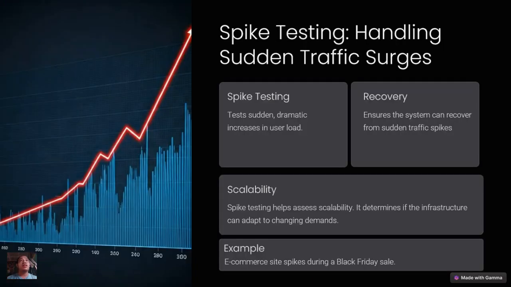Next is spike test. So spike test is a sudden dramatic increase in user load. So example nato sa system is Shopee in times of around December. So usually there are users nga daghan gyud mo-order sa Shopee in December para sa gift or sample like that.